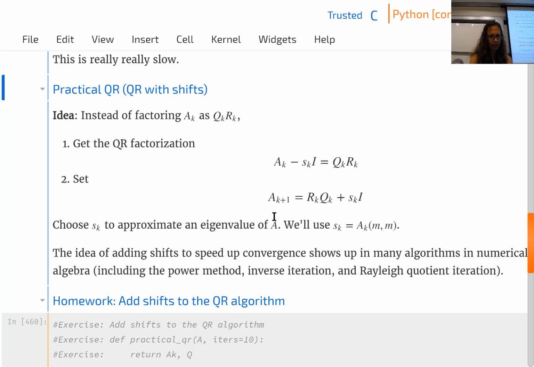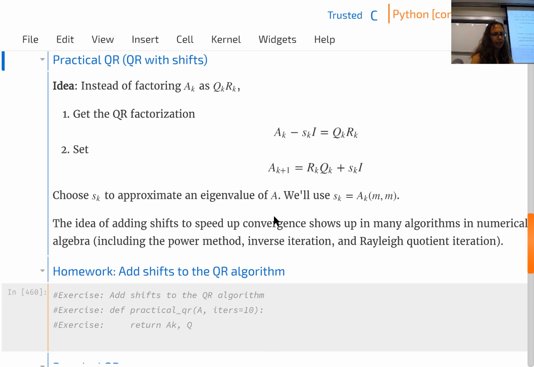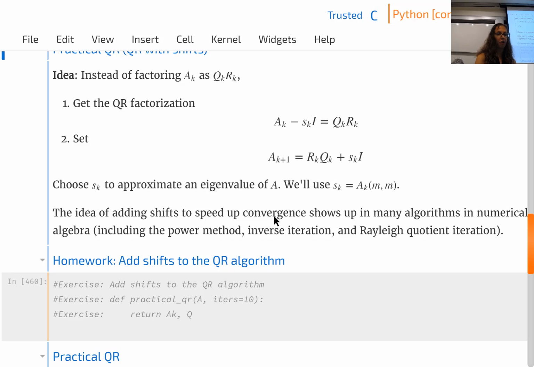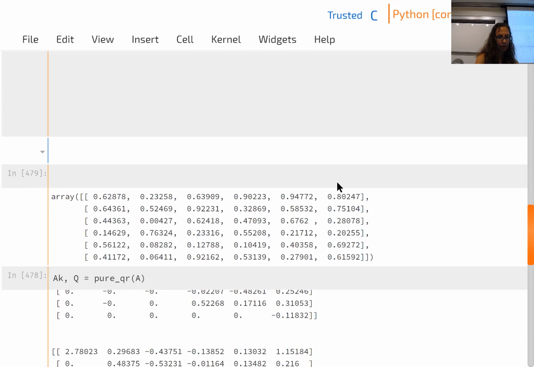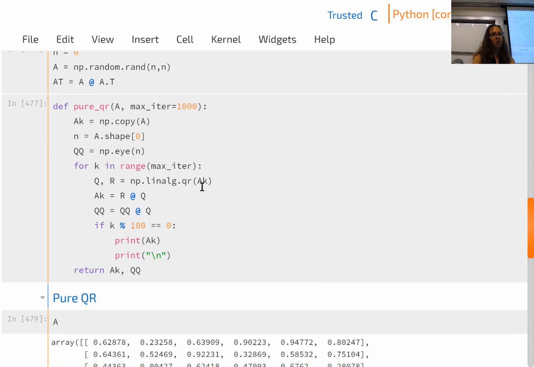And this is the homework 3 problem, to take the QR algorithm from above and add shifts to it. So that'll just be modifying this algorithm up here to no longer do the QR decomposition on A_k, but using A_k minus the scalar times the identity.